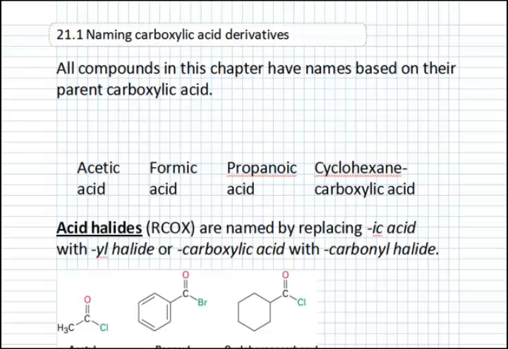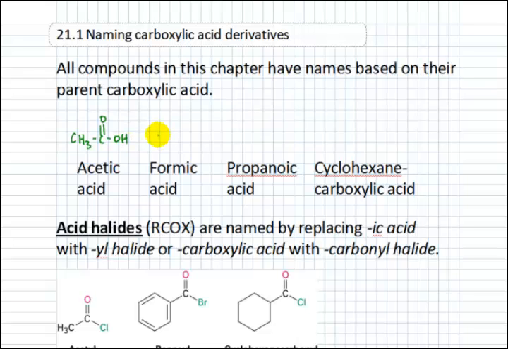So let's start with reviewing how carboxylic acids are named, because every carboxylic acid derivative, its name is derived from the carboxylic acid that's related to it. Remember, especially these two common names. Acetic acid is the 2-carbon carboxylic acid, right? CH3C double bond O, OH.